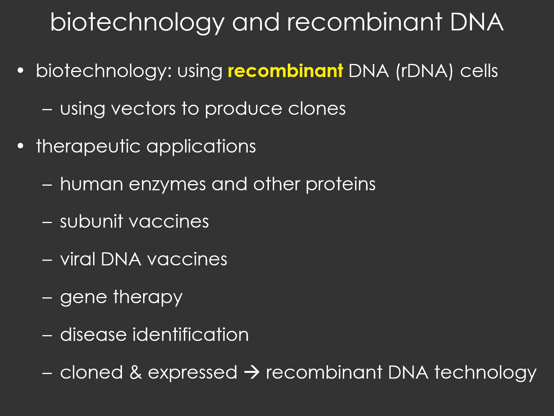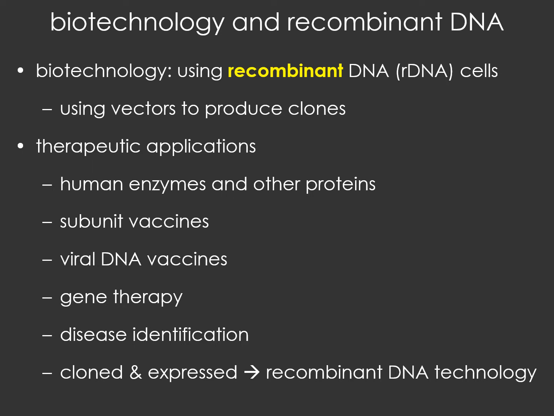Those applications are very wide-ranging, and they might include the in vitro production of human enzymes or other proteins. They might include the production of subunit vaccines or the experimental viral DNA vaccines that you might be hearing about because of the COVID vaccine.